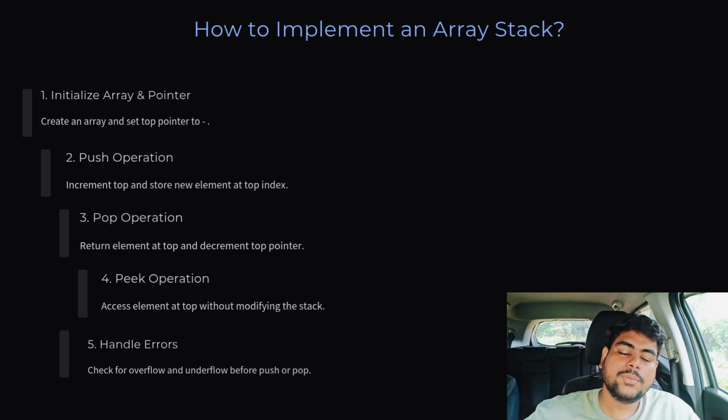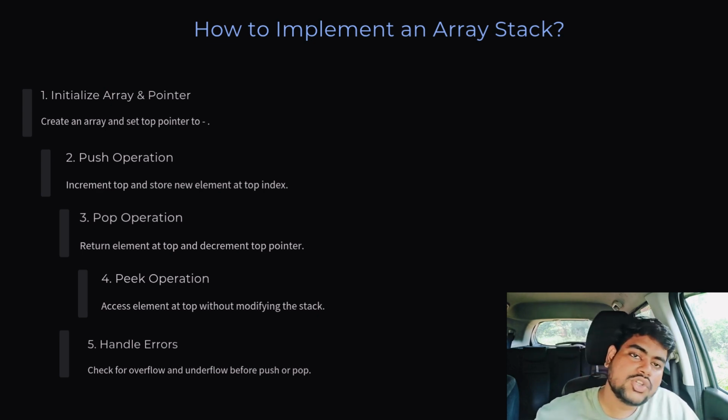We want our first element indexed as 0. The zeroth index is the first element that we push into the stack. So we have to create a top pointer and declare it as -1. Then the first element that you push into the stack will be at the 0th index.